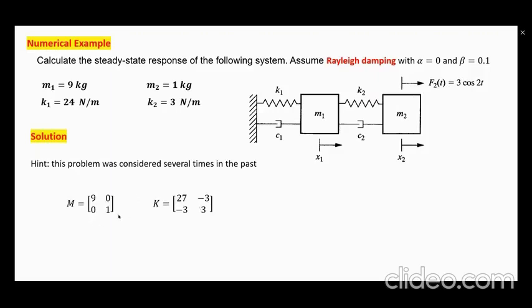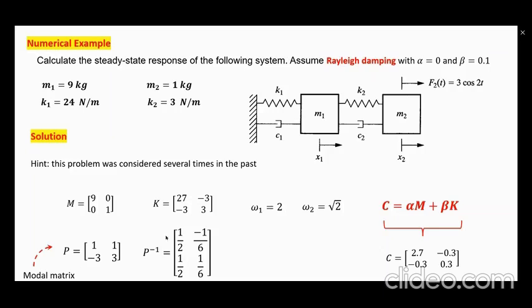So this was the mass matrix, the stiffness matrix. We found the frequencies, and now we're told that this uses Rayleigh damping. So alpha is given as 0 and beta is 0.1. No problem. If you do that with this information, you come up with the damping matrix, which is this.